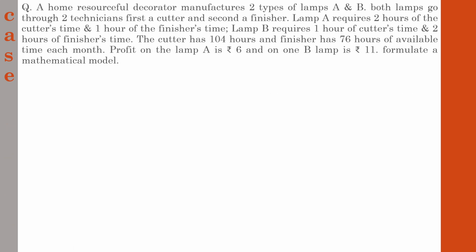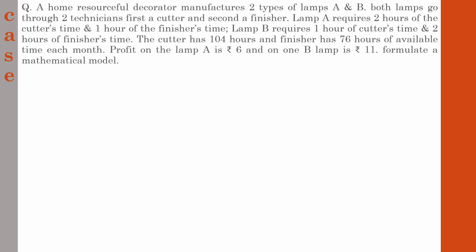A home decorator manufactures two types of lamp, A and B. Both lamps go through two technicians. First is a cutter and second is a finisher. Lamp A requires 2 hours of the cutter's time and 1 hour of the finisher's time.